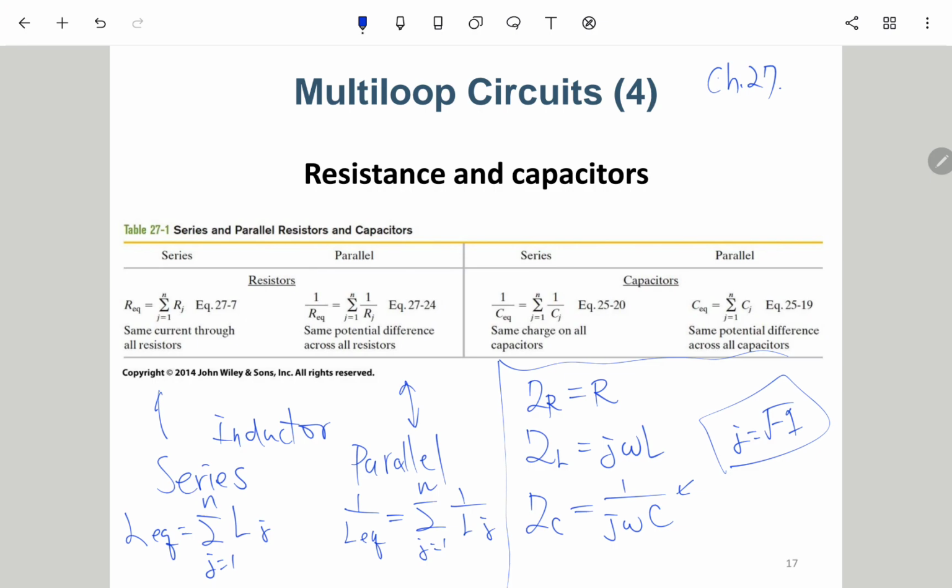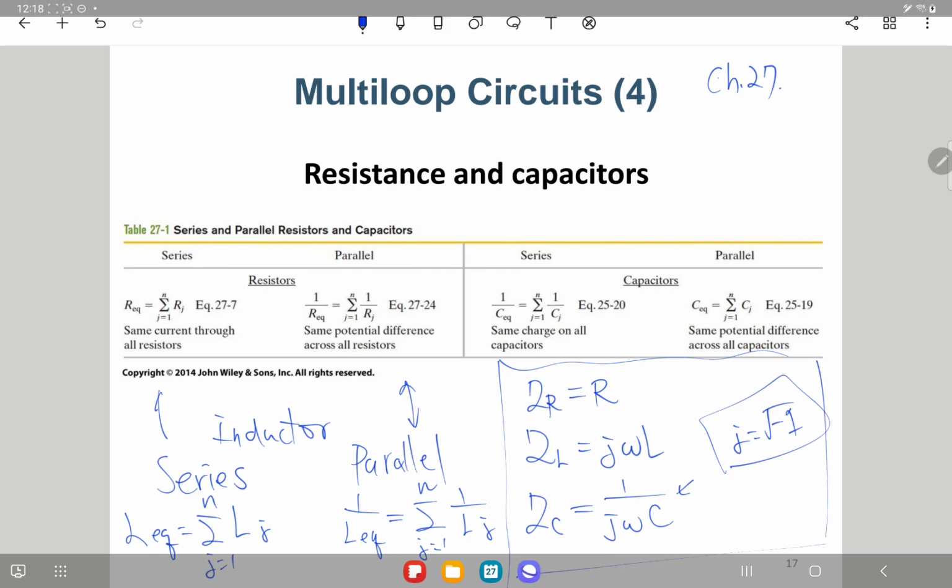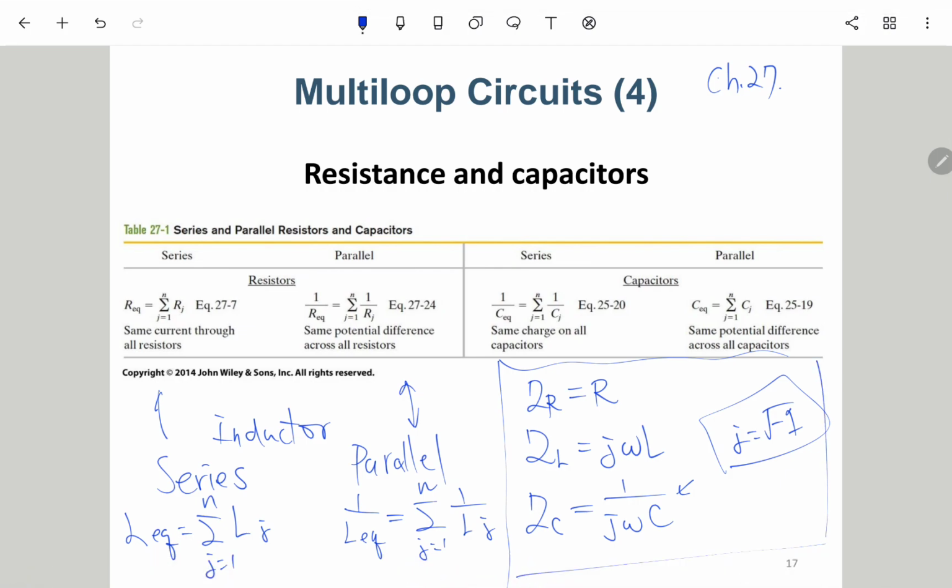So actually we take the reciprocal again, and then they will be somehow like the same thing. Okay, and then in the next chapter, you know why it will be like that.